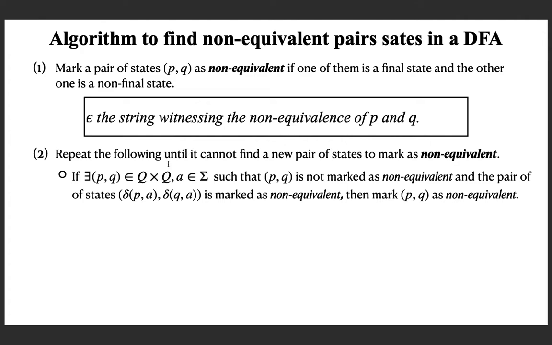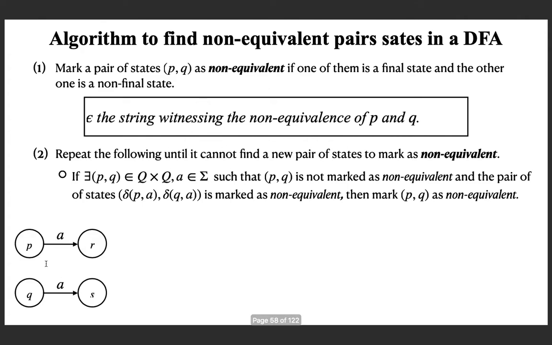Now, we do not read this sentence, I will tell you what you can do. Suppose you have a pair of states PQ not marked as non-equivalent, and suppose that for the symbol A from P and Q you are reaching a pair of states RS, that is, delta(P, A) is R and delta(Q, A) is S. Suppose you are reaching a pair RS which is marked, then you mark PQ also as a pair of non-equivalent states.